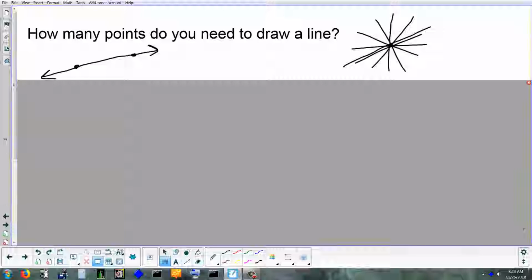Is there a different one that's not on top of that one that goes through both? Gigi? No. So if you have 2 points, 2 spots, and someone says draw a line through them, there's only one. All right? So how many points do you need to draw a line? At a minimum, you need 2.